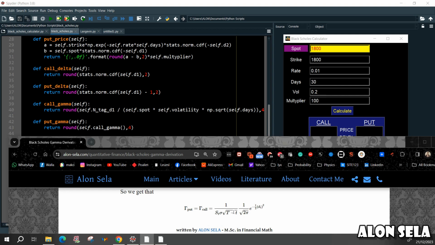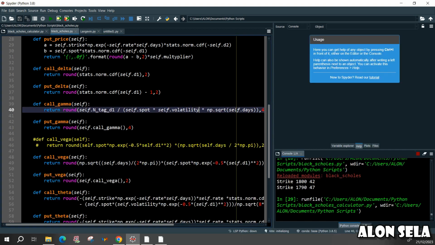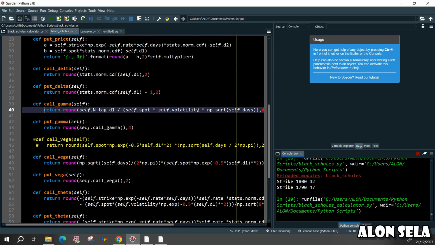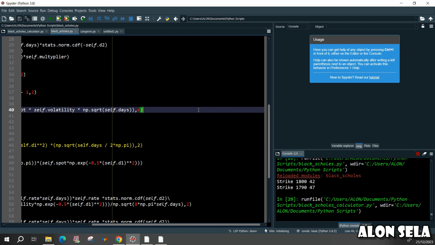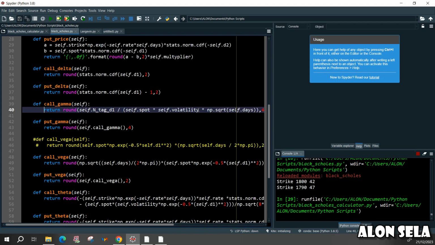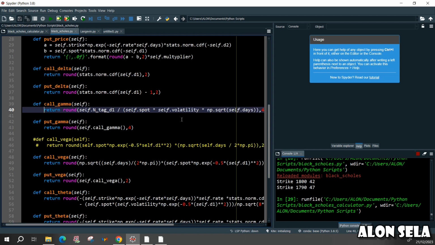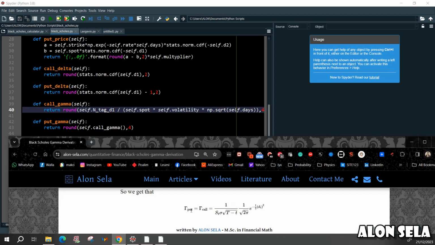Here I wanted to see 4 digits after the point, so I rounded it to 4. And as we just saw, the gamma for put is the same as the gamma for call, and this is why the put gamma is just the call gamma.